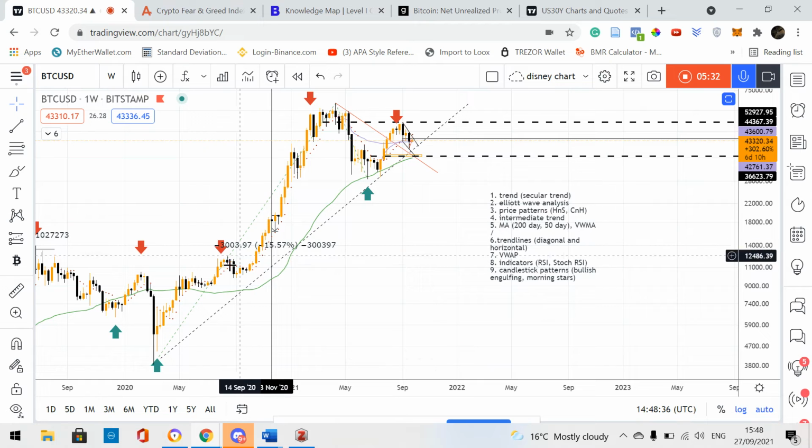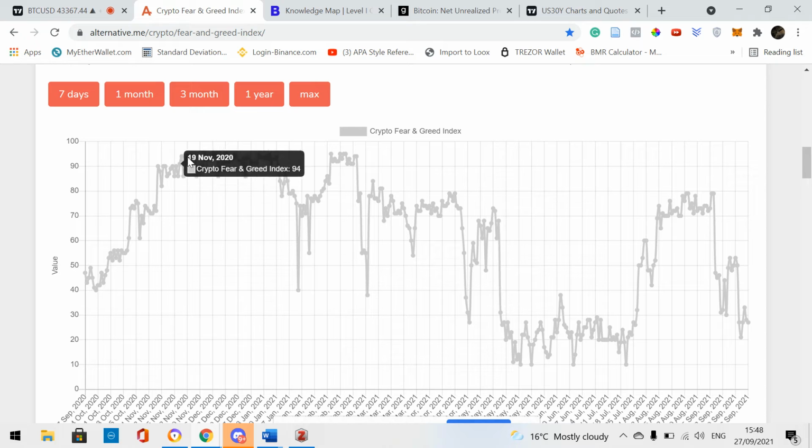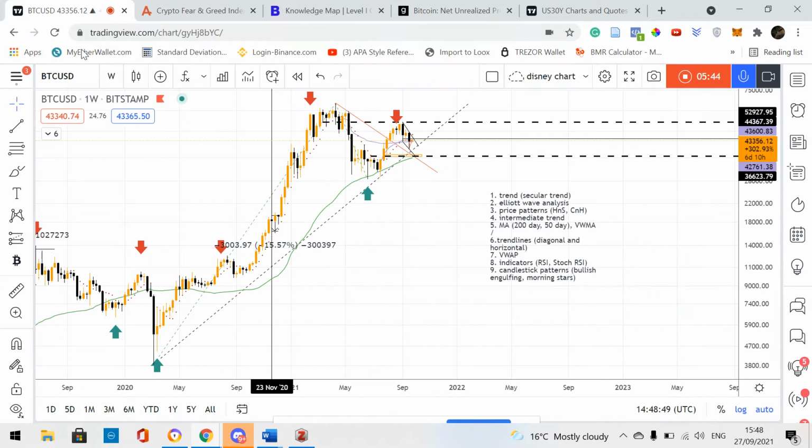That's why one of my subs told me that in November we were at about 20,000, and the crypto fear index was already over 90. Thank you so much for your suggestion. And as you can see, the price actually kept going up.